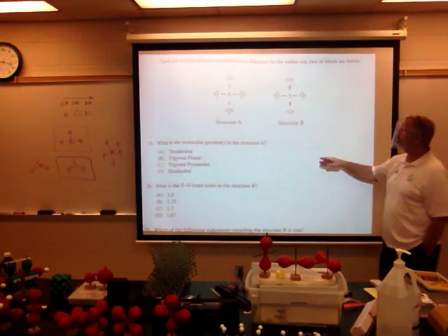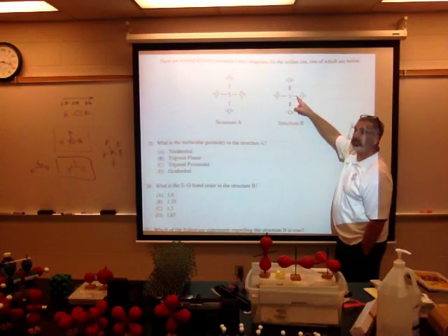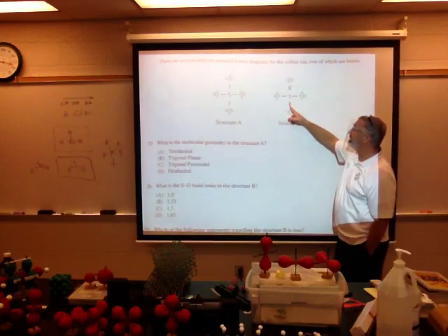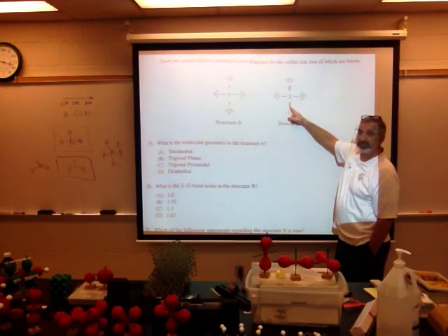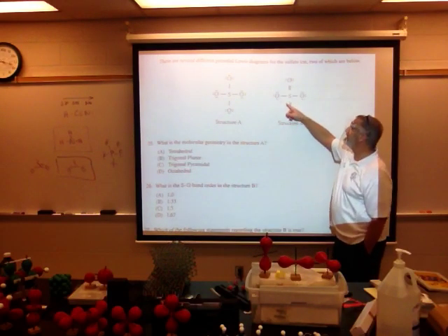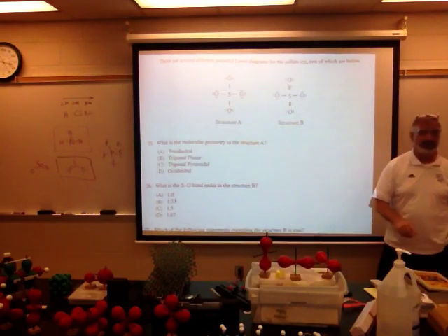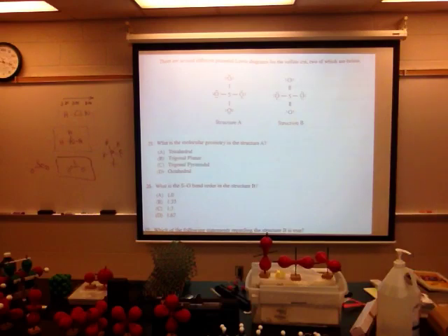We're assuming the resonance because we just as easily could have put the double bond here as we did here, put the double bond here as we did here. We have choices. So that means the reality is the pi bond's getting evenly distributed amongst the whole thing. So we're going to say 1.5.